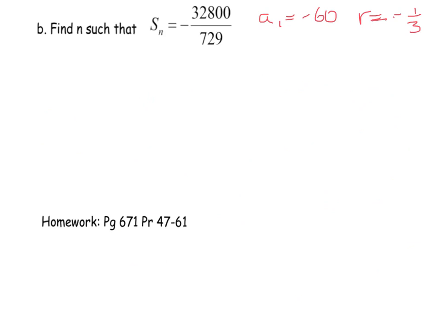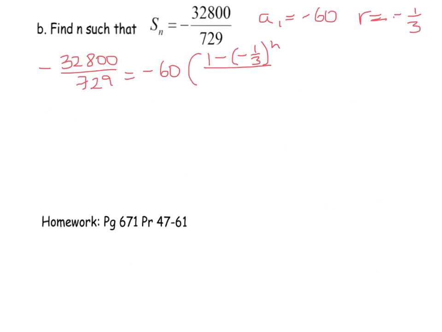So we are going to say negative 32,800 divided by 729 will equal negative 60 times 1 minus negative 1/3 to the n over 1 minus negative 1/3.